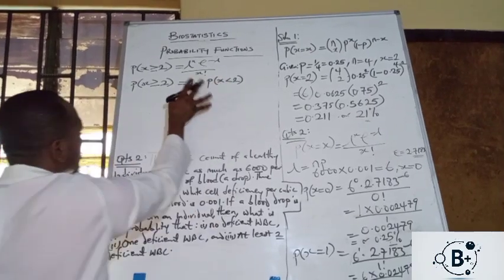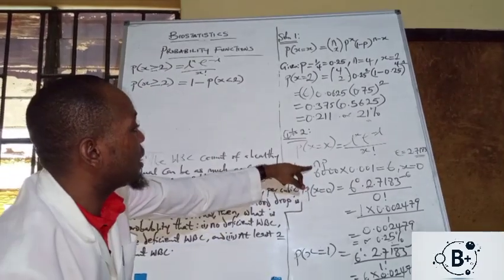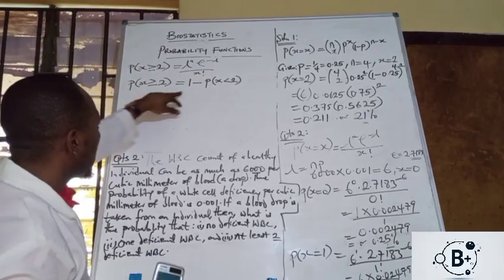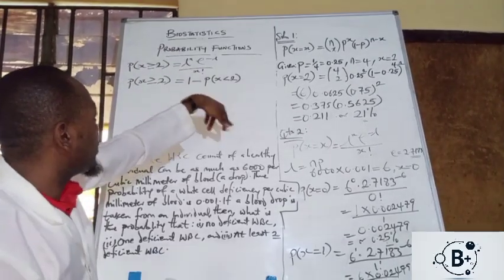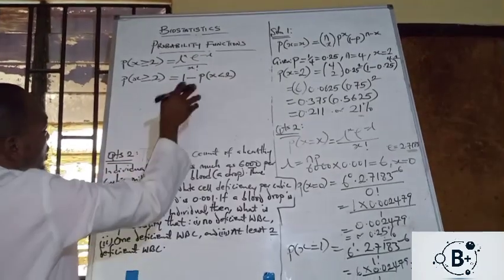This is a way to simplify it. Because the number is very large, you can't calculate up to those numbers. So just do 1 minus P of S less than 2.